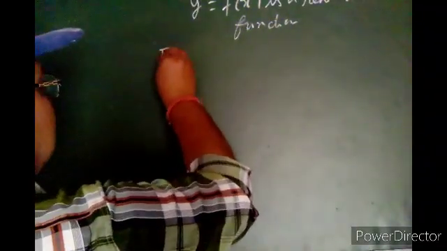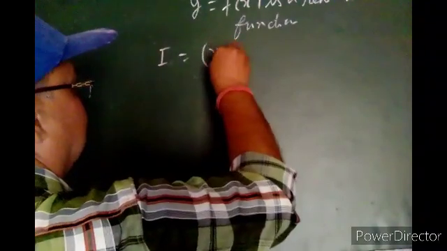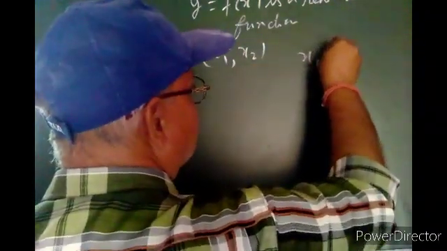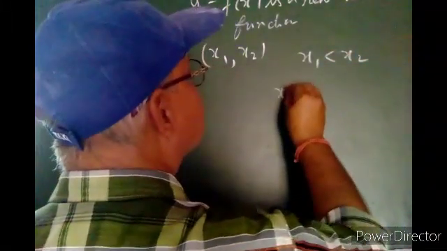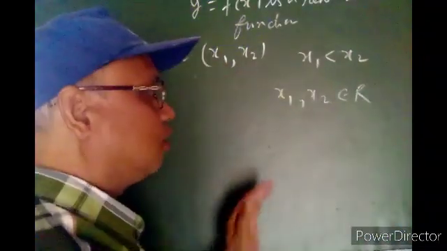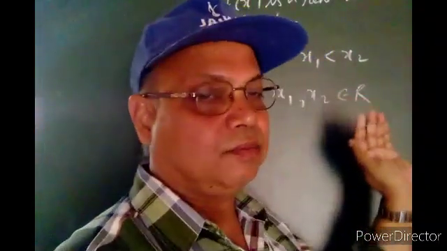This interval will be denoted by I equal to (x1, x2). Here x1 is less than x2. Both x1 and x2 belong to R. Both are real numbers.